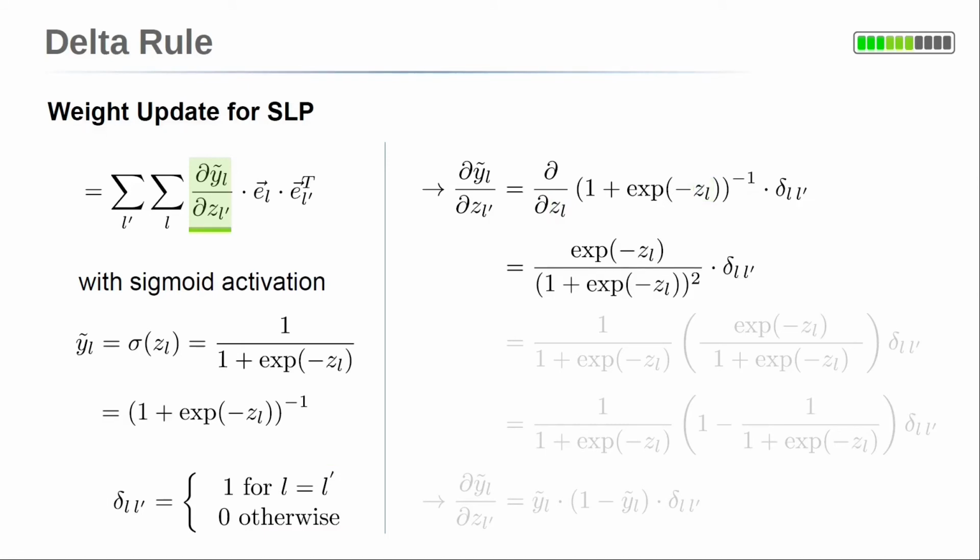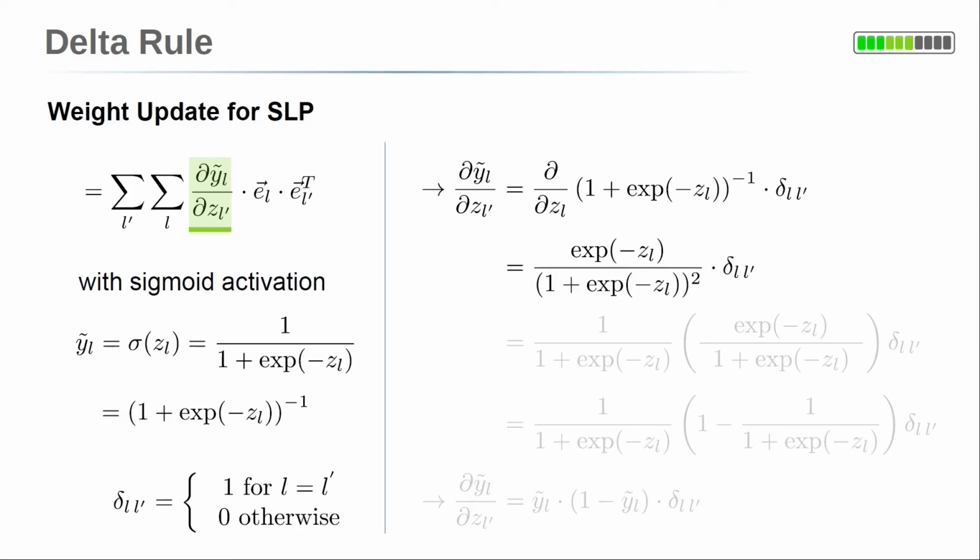Calculating the derivative of our expression on the top, the exponent is reduced by 1. This gives the denominator 1 plus the exponential function, squared, and a minus sign. The derivative of the inside is the derivative of the exponential function of negative z_l. So the numerator is the exponential function with a minus sign.